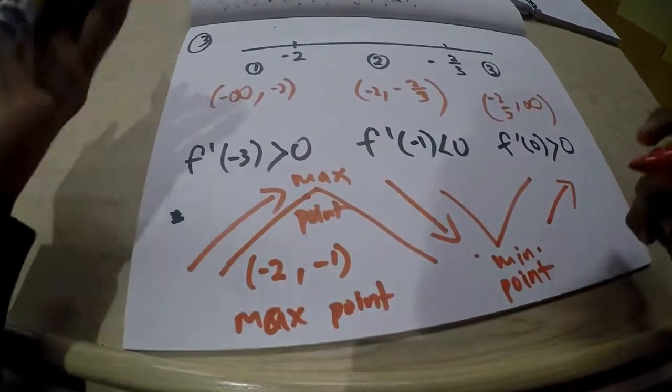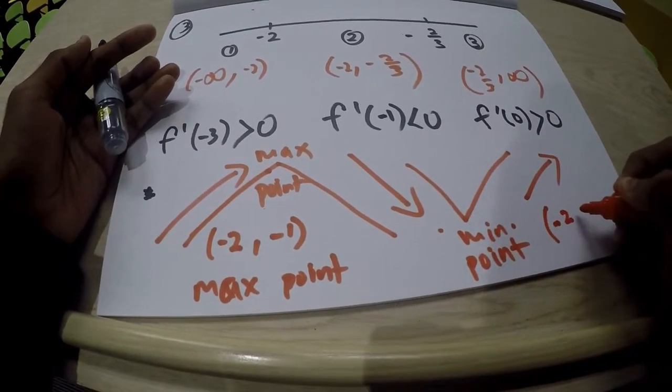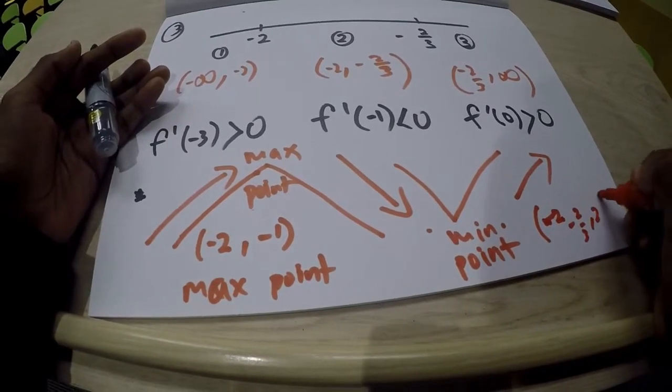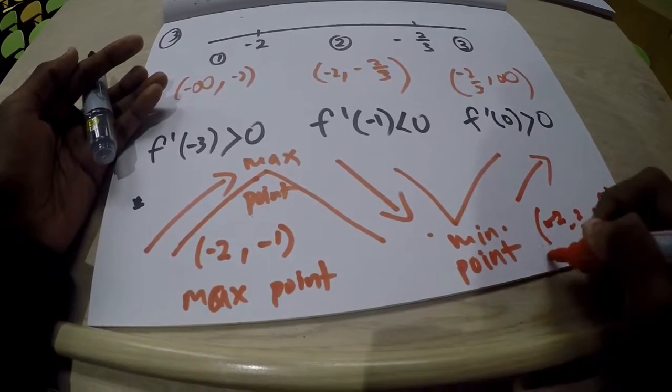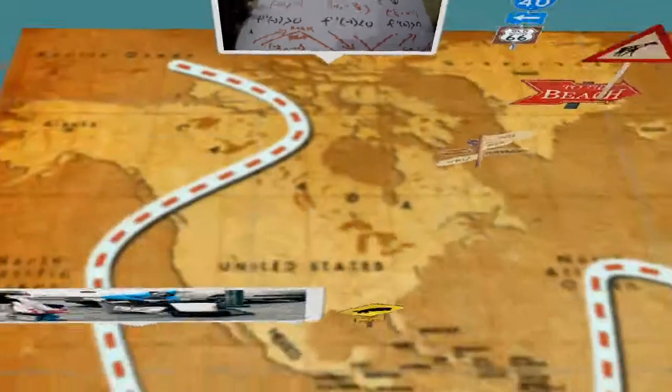And the point (-2/3, 5/27) is a minimum point. So therefore it's very simple to find the maximum and minimum points. Thanks.